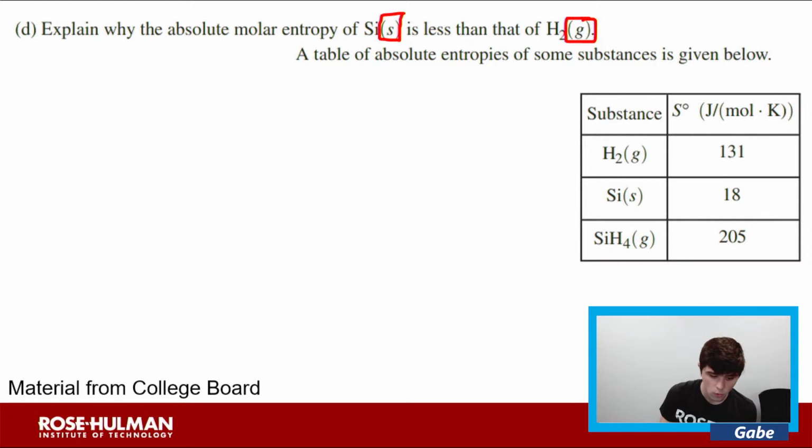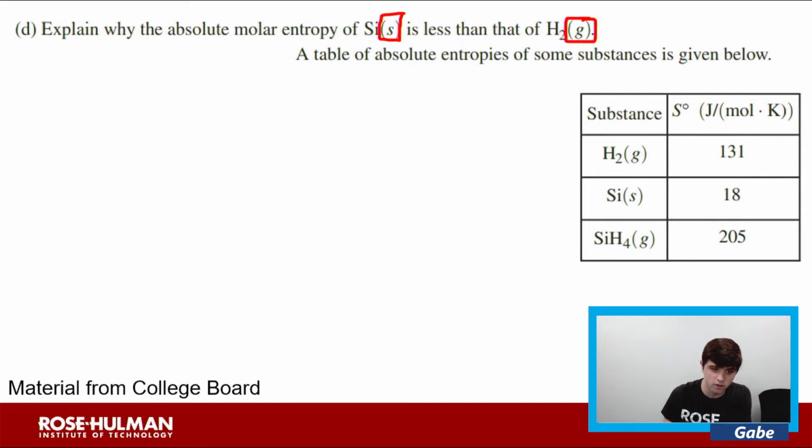Well, we can look at our absolute entropies of the substances given below, and we can see that H2 has 131, Si has 18, and SiH4 has 205. So we can definitely determine that Si has a lower entropy than hydrogen gas.